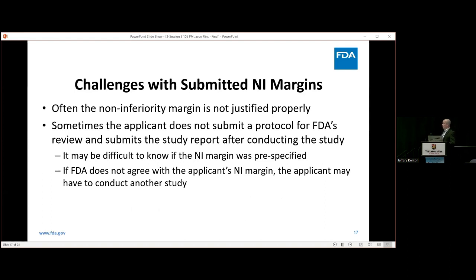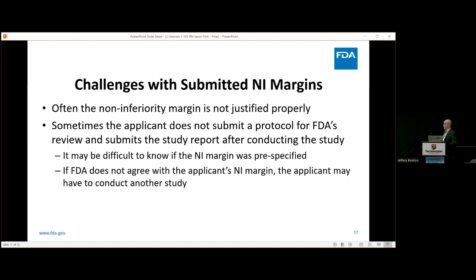Some challenges that we see with non-inferiority margins that are submitted is justification. Sometimes that margin is not justified appropriately. And then sometimes the applicant doesn't submit a protocol for review, submits the study report after conducting the study, and then it becomes difficult to know, okay, was the non-inferiority margin pre-specified or not?